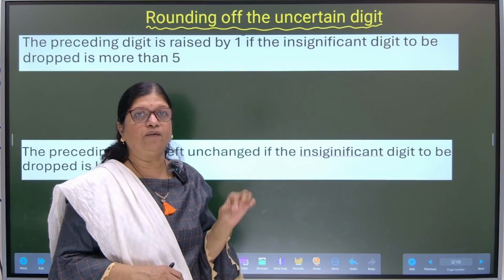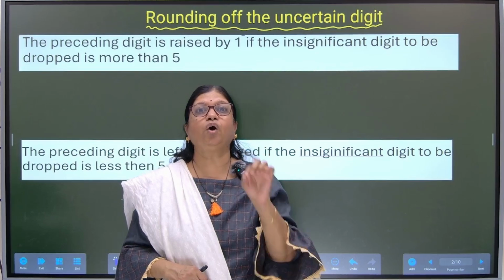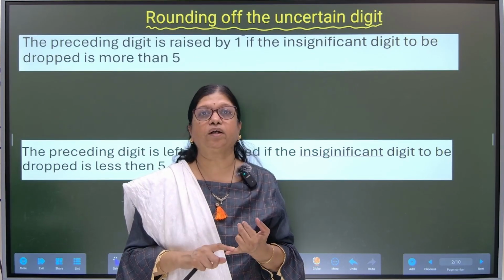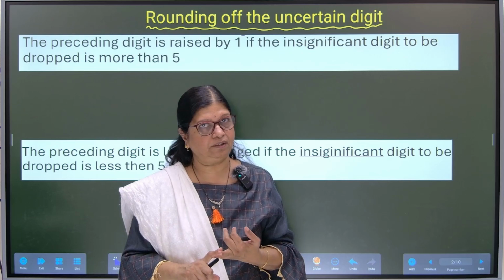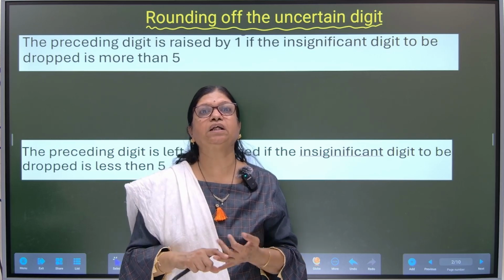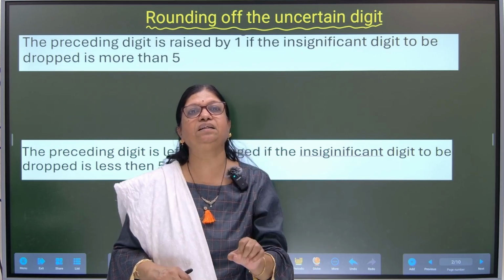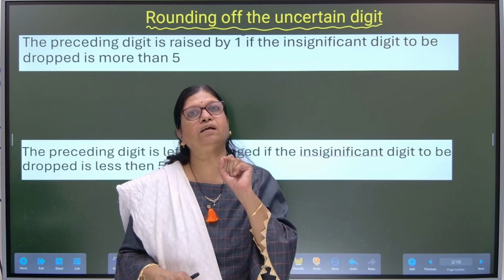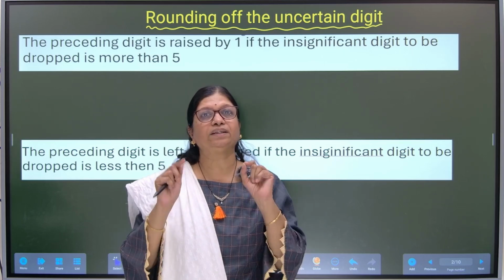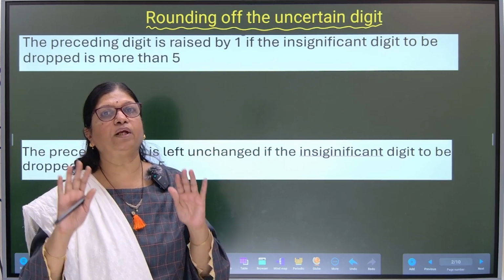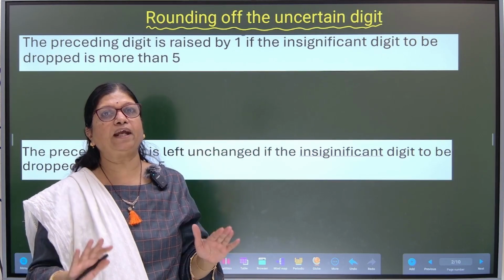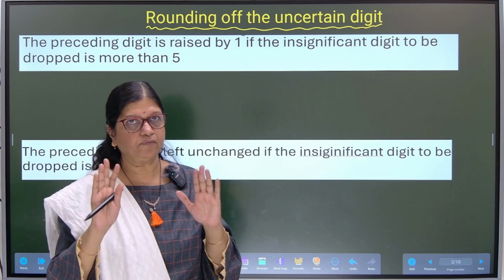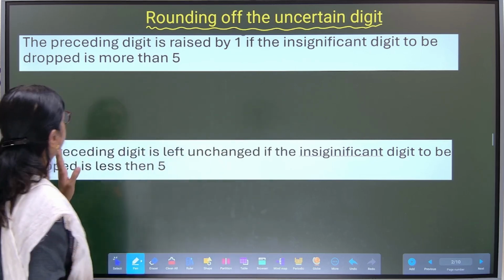That digit which is not certain by the person who is measuring, or there is some defect in the instrument due to which there is an uncertainty in the digit measured and reported. So that has to be rounded off, provided the insignificant figures are asked. Fine. So let us follow the rule.